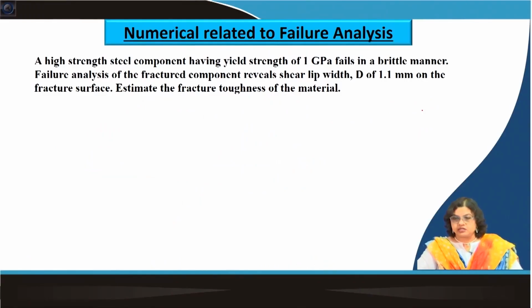Based on this, there is a simple numerical to solve, and also to appreciate how fractographs and the information as well as the understanding can be used to pursue failure analysis.